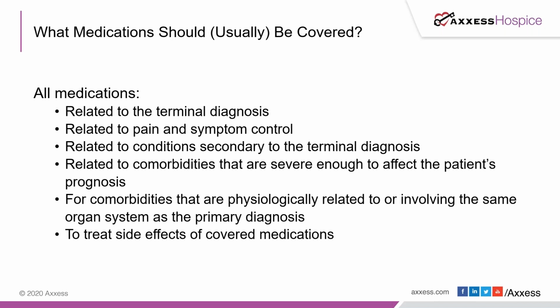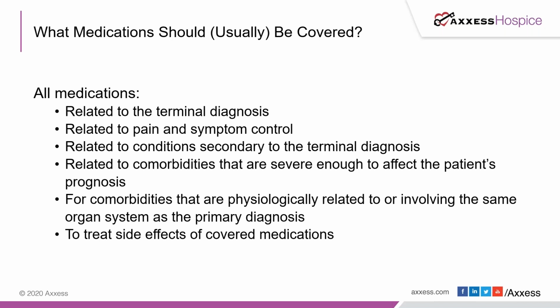So looking at those comorbidities that are related. And also, we should be covering any medication to treat side effects of your covered medications. So if you have somebody who's on dexamethasone and they're agitated and we need to help relax them a little, that would be something that's covered. Or if it's causing GI distress, or if you have someone on opiates and they're having constipation.